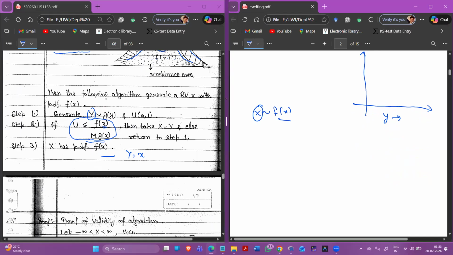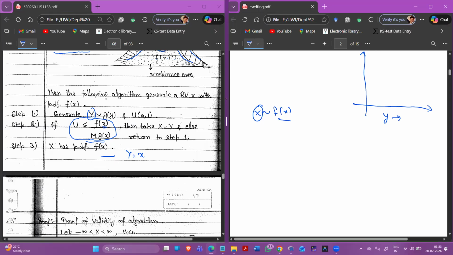My PDF is in a very complex form, and so is the CDF. So at that time, I cannot apply the inverse CDF method or the importance sampling method. So what will I do?